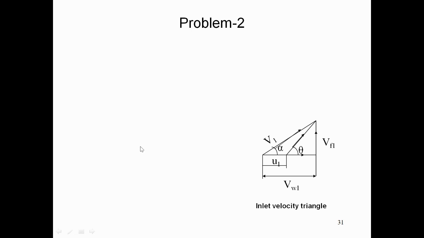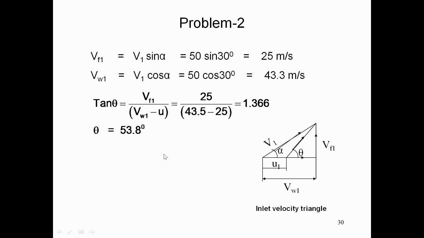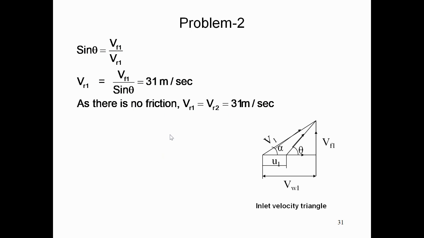Okay, I will continue. Sine theta is equal to vf1 by vr1, so vr1 is equal to vf1 by sine theta, which is 31 meters per second.